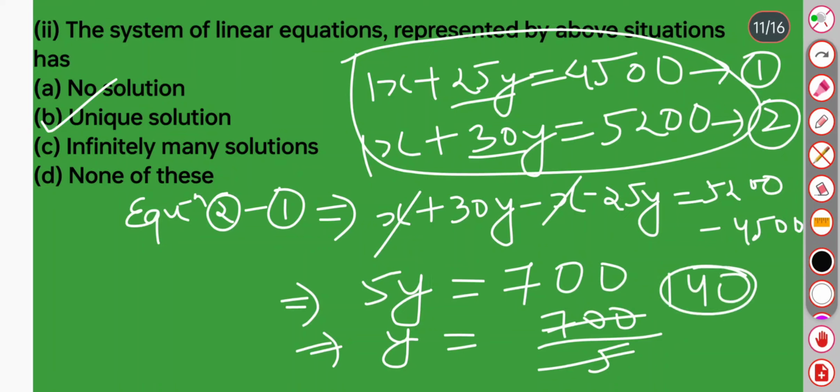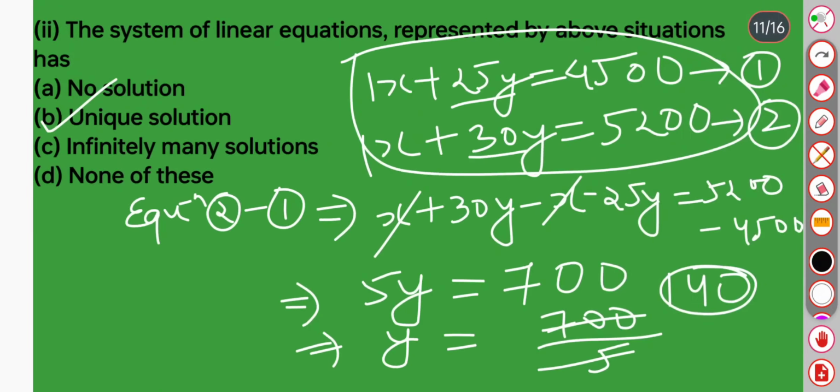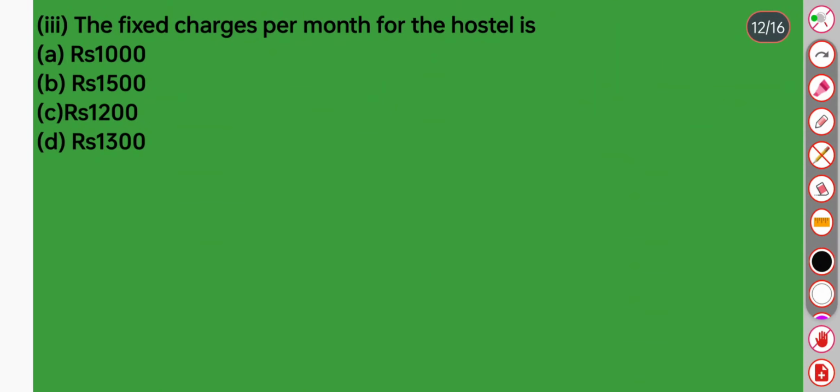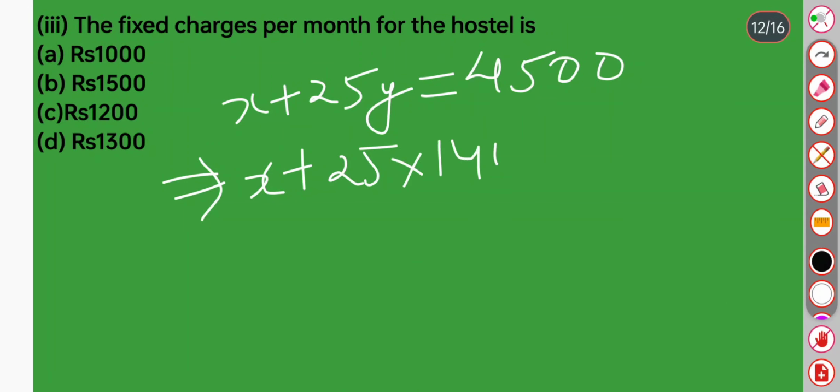Now in the next step, we will put this value of y in equation 1. Equation 1 is x plus 25y equal to 4500. Just now y we got is 140. So x plus 25 into 140 equal to 4500.